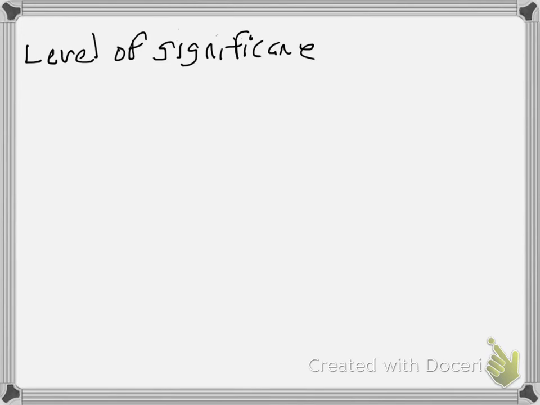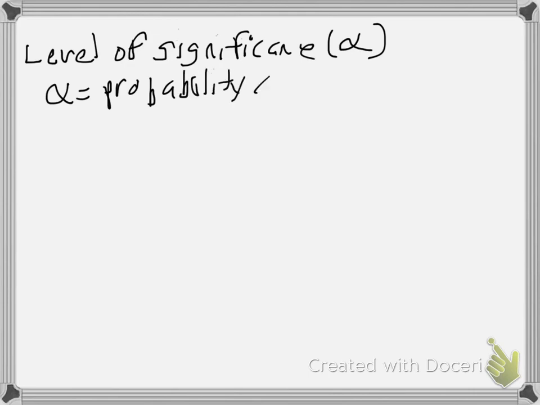Now what we need to talk about is the level of significance. The level of significance is our alpha. Alpha equals the probability of a type 1 error.